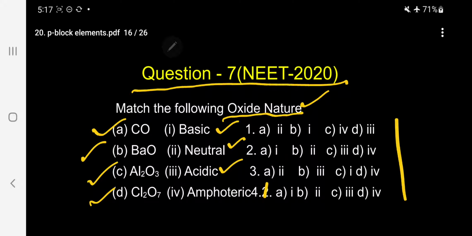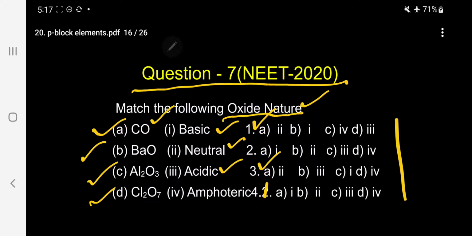Let me take CO now. It is probably neutral, so it is A2. A2 is here in option 1 and option 3, so either 1 or 3 may be correct.